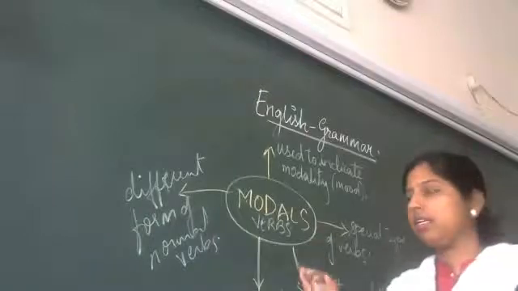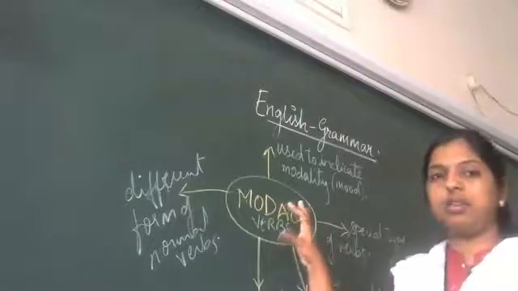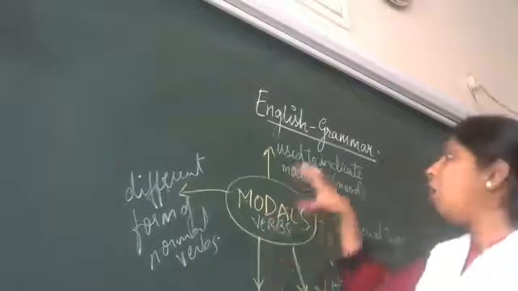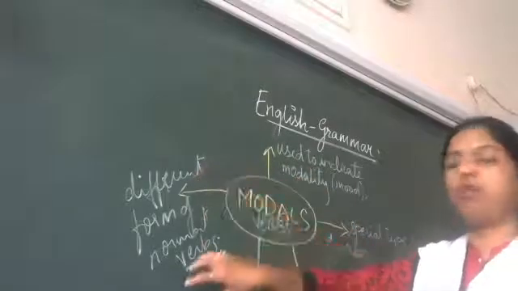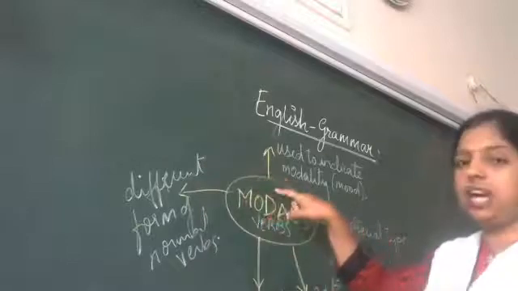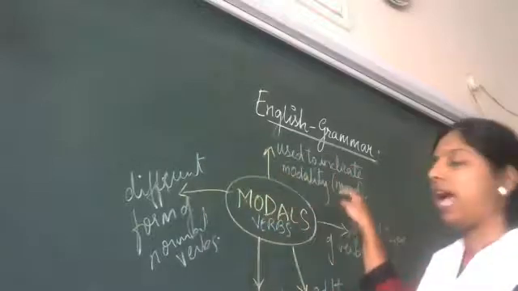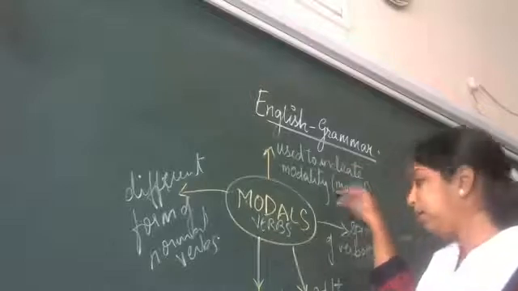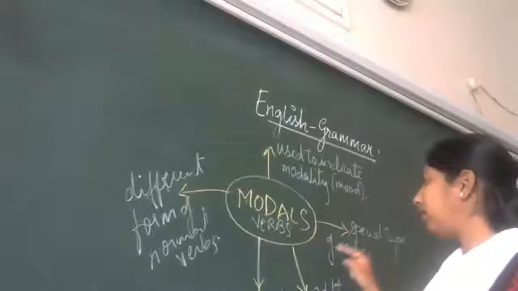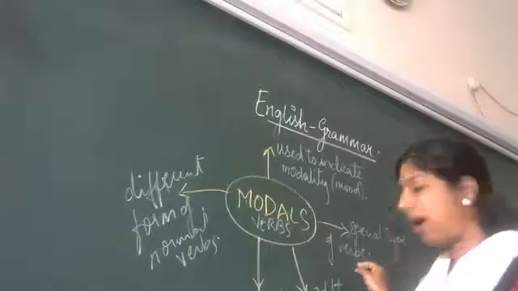Yes, ma'am. Once again, just a revision before we proceed further. What are modal verbs? Modal verbs are the different forms of normal verbs. They are used to indicate the modality, that is the mood of the writer or the speaker, and they are the special type of verbs. Why?